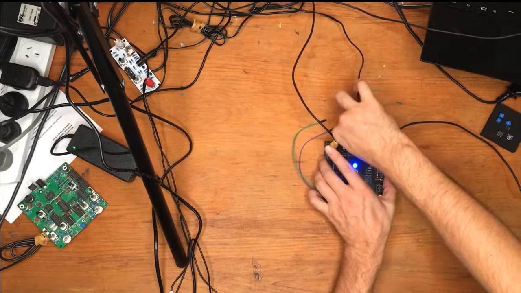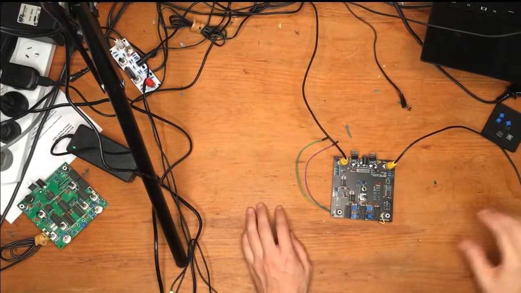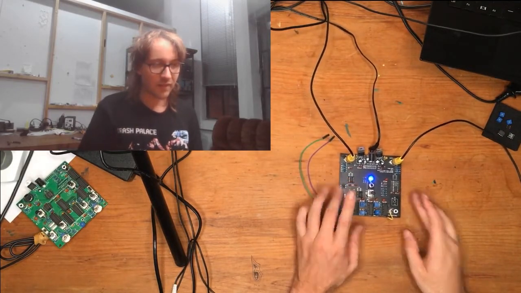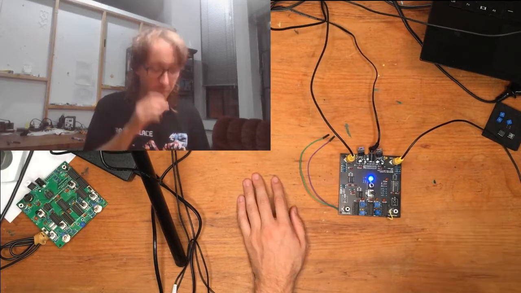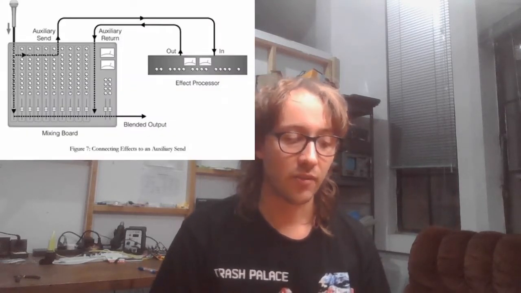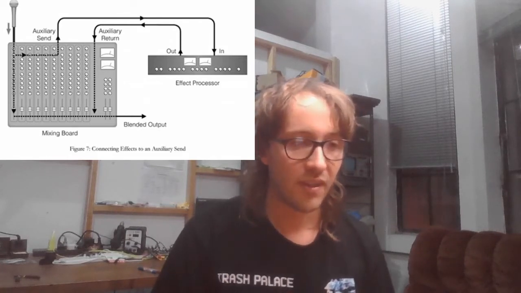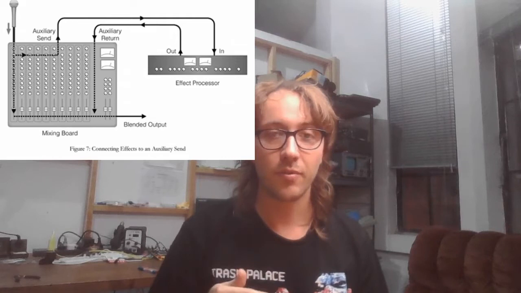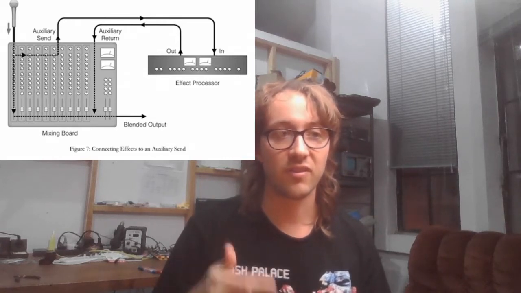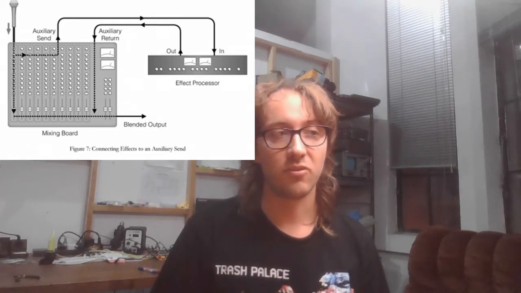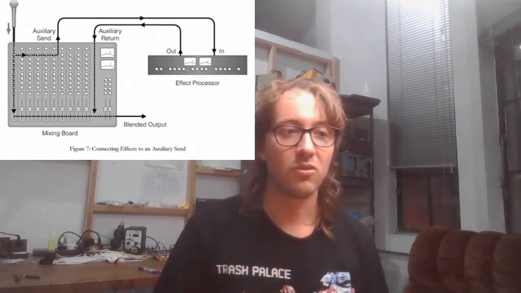The first thing I should mention about the Syncope circuit is going back to the effect send feature. This works in a similar way to how an effect send feature might work on an audio mixer. Some audio mixers will have an effect send output and effect return input, which allows you to process your audio through external audio effects.